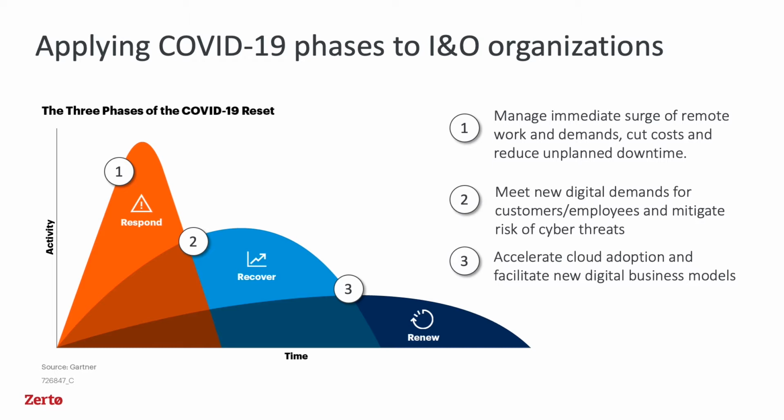And the third, it's about making sure that you have the infrastructure available to support new digital business models and deliveries. This really means accelerating your cloud adoption and scaling, whether it's via private cloud or the public cloud as well. Now let's look at some validation from the marketplace and some studies that have been conducted around this.